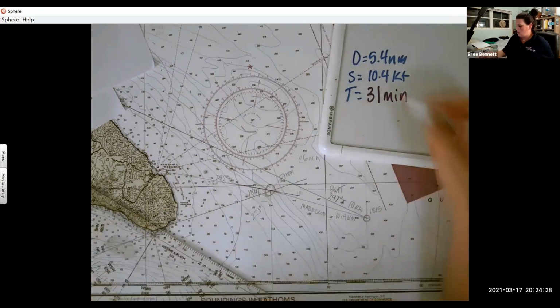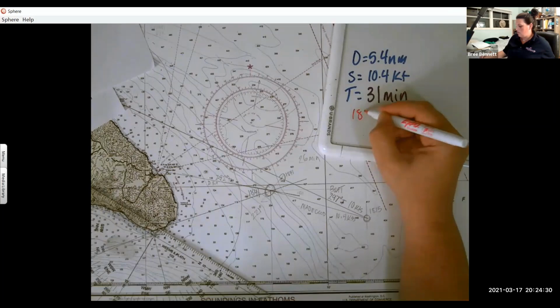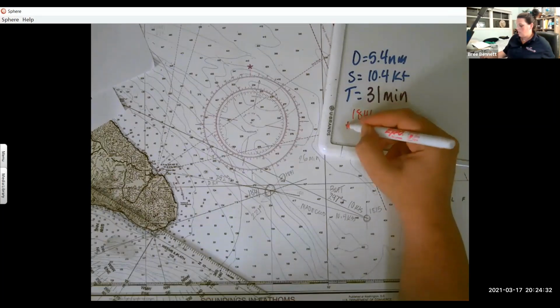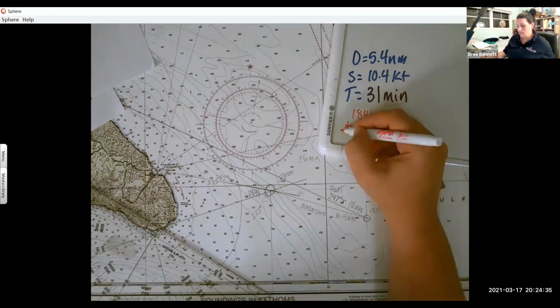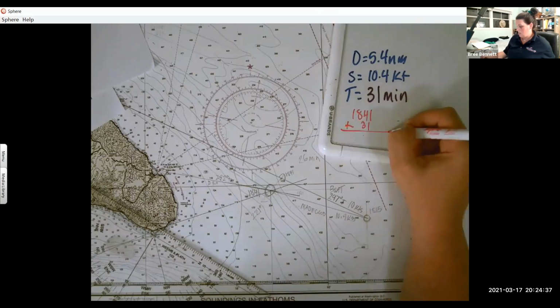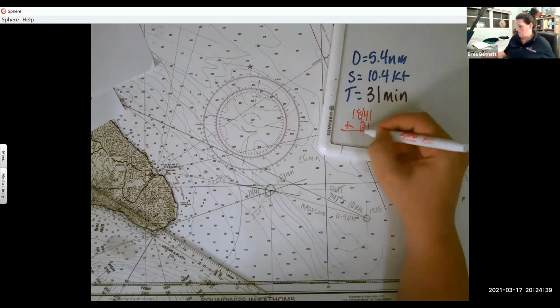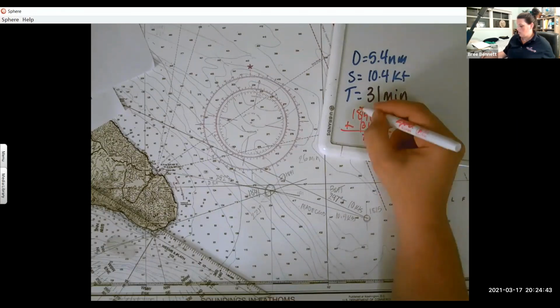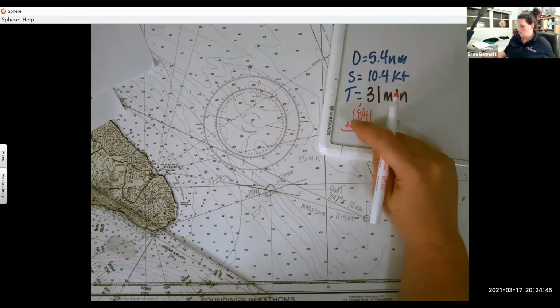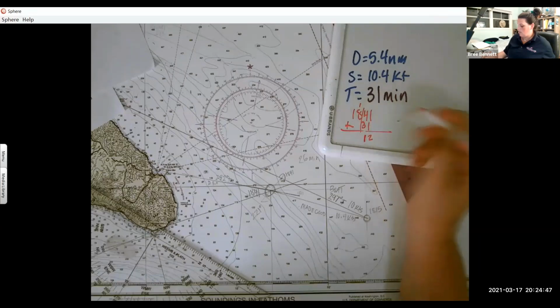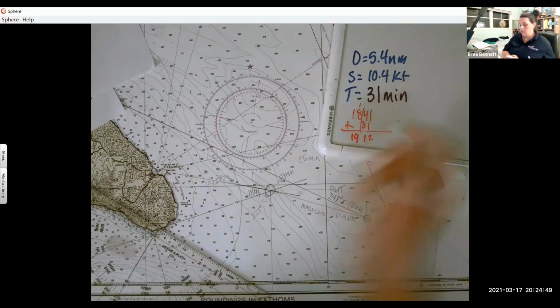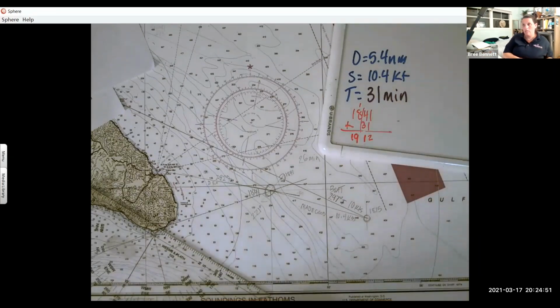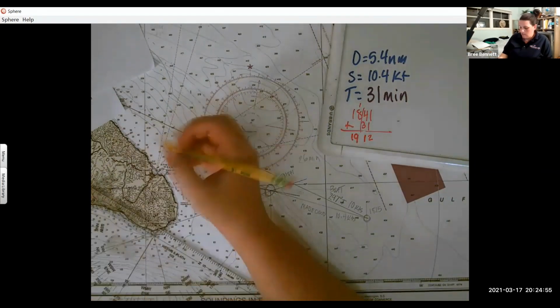So we have 1841 plus our 31 minutes. 72, that doesn't work. So we carry the 1, 12, 1912 as our ETA.